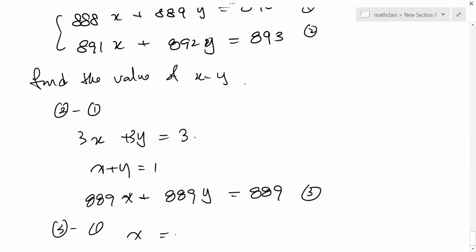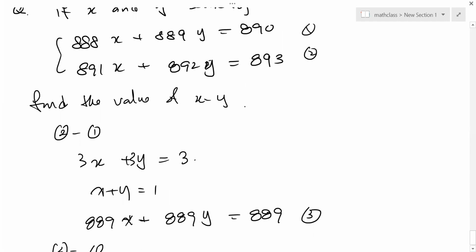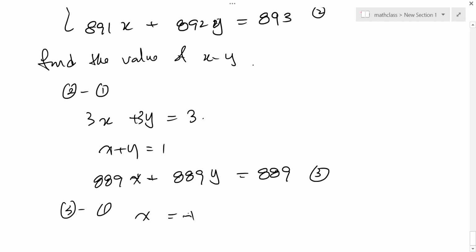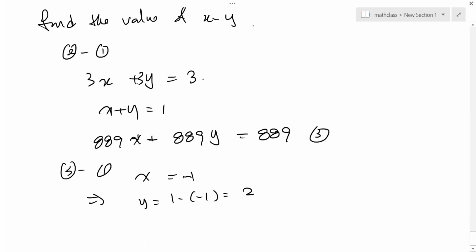So you get x equals negative 1. Once you get x equals negative 1, then immediately y equals 1 minus negative 1, which is 2. So you get x and y. There are always some tricks to solve systems of linear equations. So we solved several equations here.